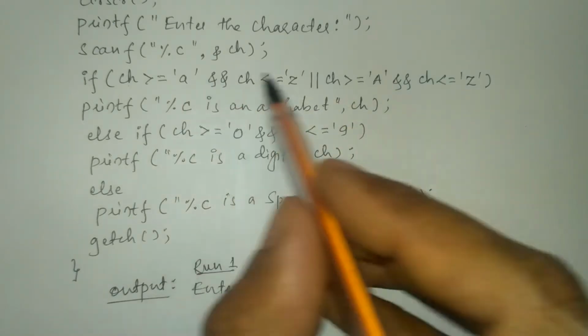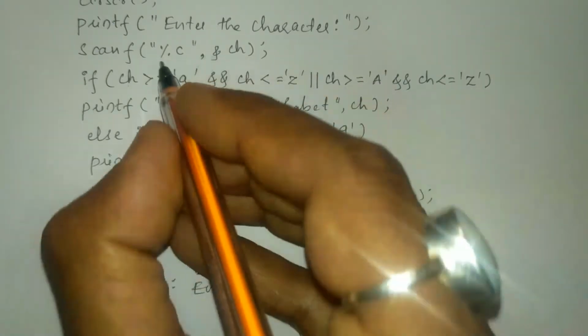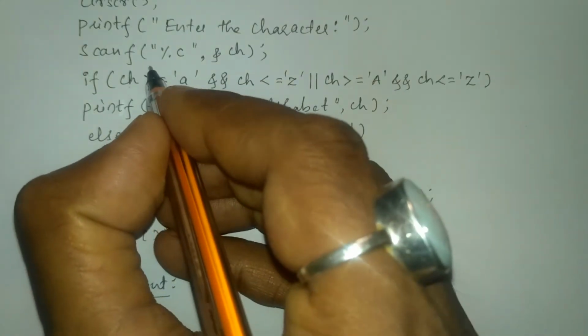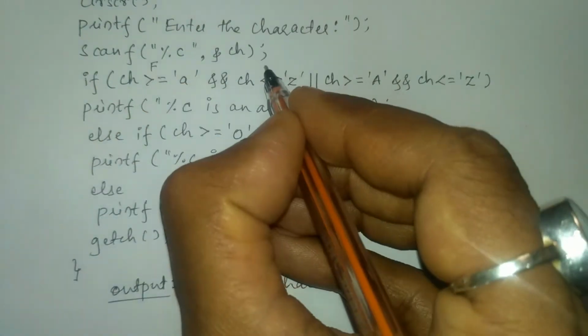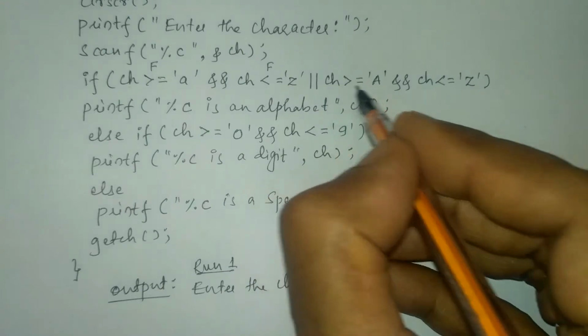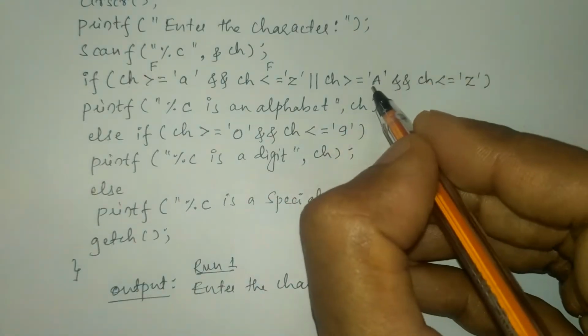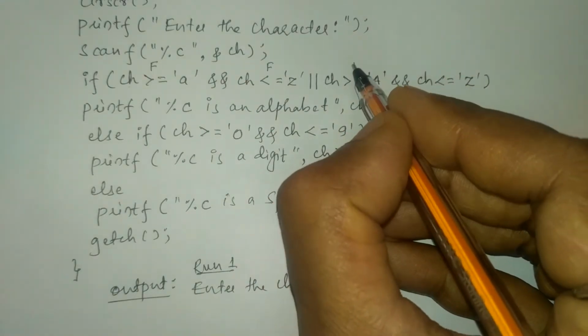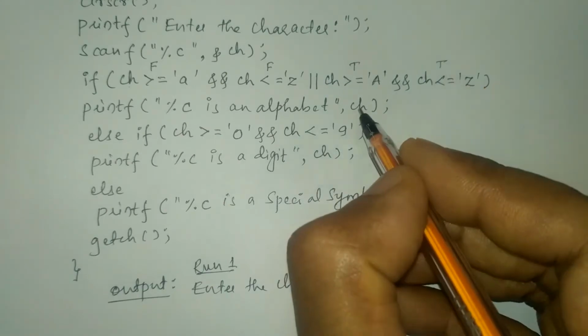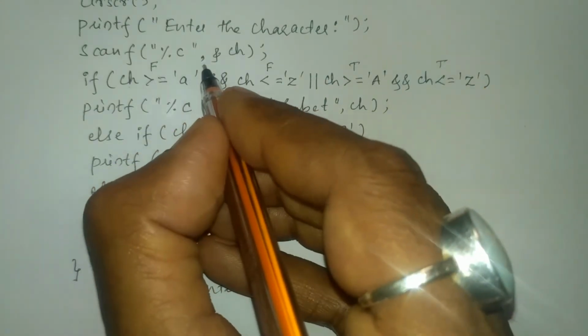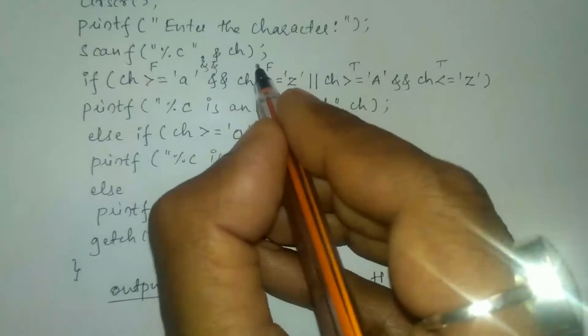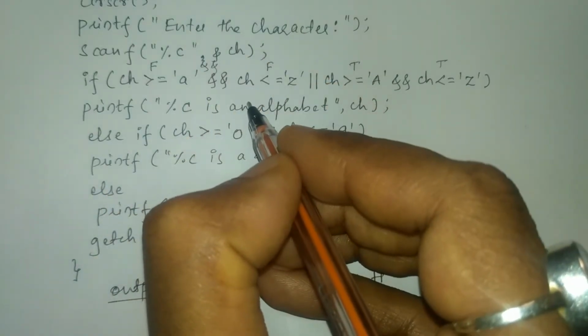Next, false and true. Here you can see this returns ch is greater than or equal to a is what? False. And this is also false. ch is greater than or equal to A, yes, it lies between capital A to Z. So this is true and this is also true. Whenever I say false and false, it always results in false only.